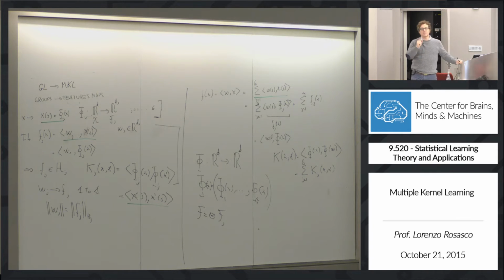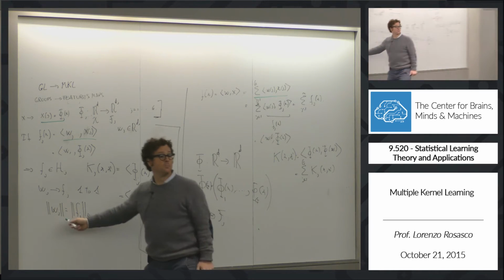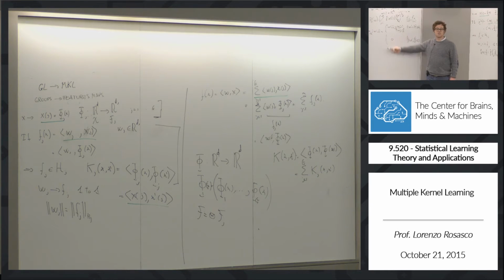But suppose now I tell you that I want to use two feature maps, and here they are. One is the feature map associated with a Gaussian kernel with sigma big, and the other associated with a Gaussian kernel with sigma small. What's the problem? Well, they're infinite dimensional. So W, you cannot fit in the computer. So this equation here, you just cannot write. Okay?